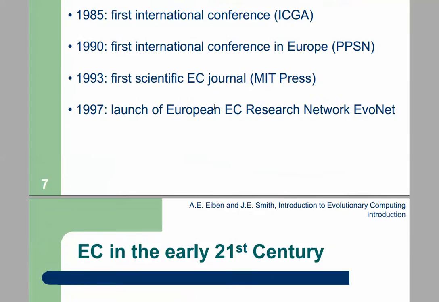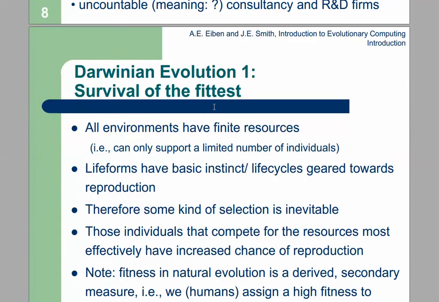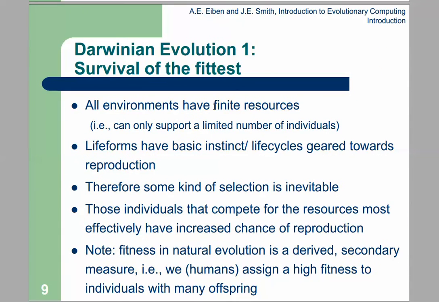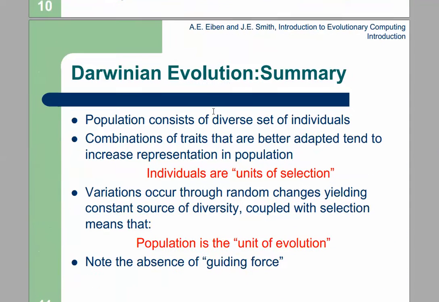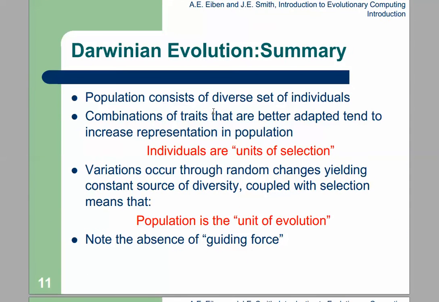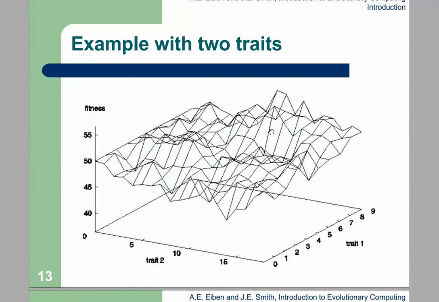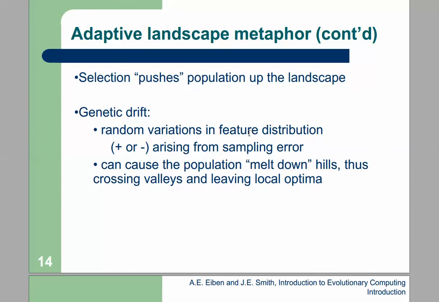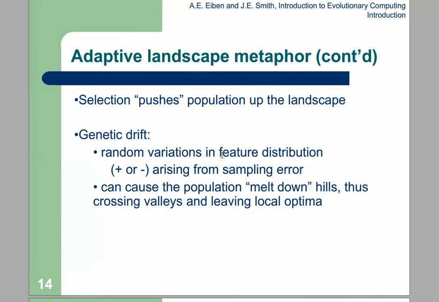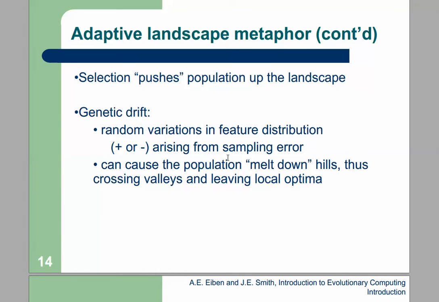Also, we refer to the history of evolutionary algorithm and Darwinian evolution, and about the survival of Darwinian theory and the fitness of two properties or two features. We reach this page and it refers to the population.